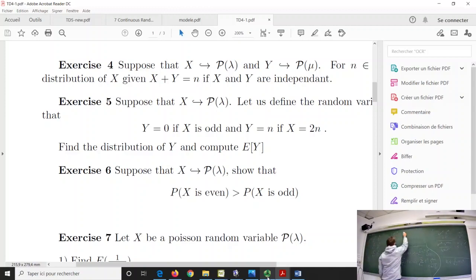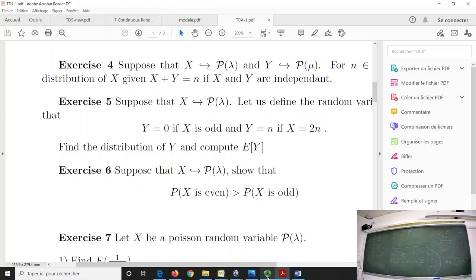So it will be what? It will be the sum from k equal to 0 to plus infinity of minus x to the power k over k factorial. So I have minus 1 to the power k times x to the power k.